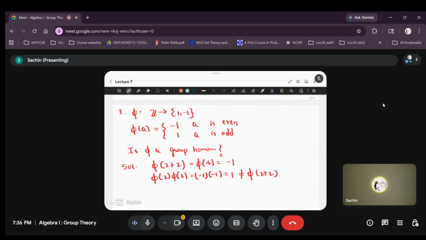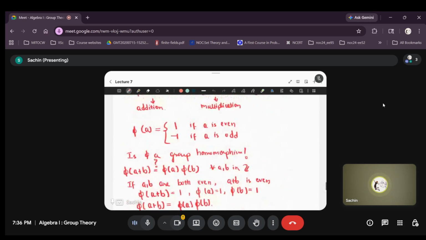But if the condition is satisfied, we can't say whether it is a homomorphism or not. So here the condition is not satisfied because the identity 0 is mapped to minus 1, which is not the identity in {1, minus 1}. So we can say that this phi in example 3 is not a homomorphism.